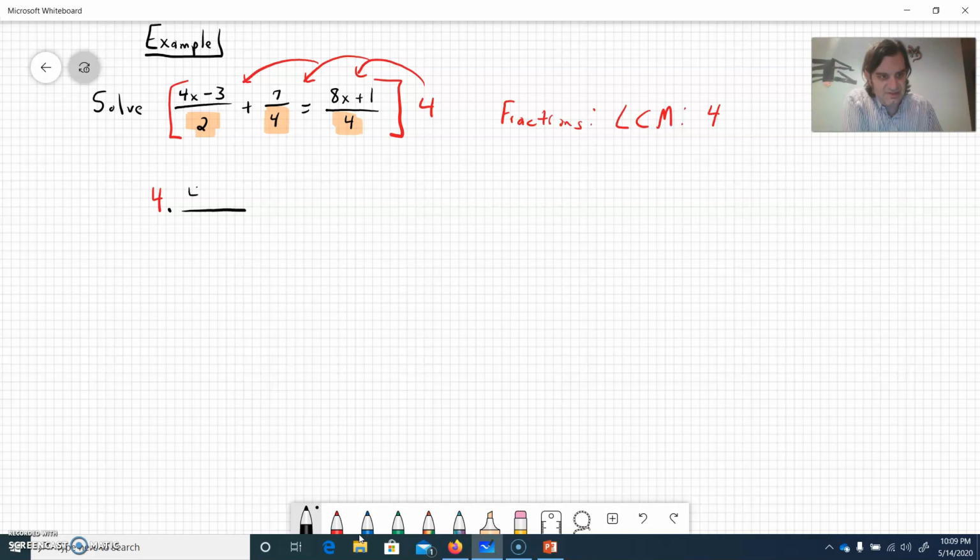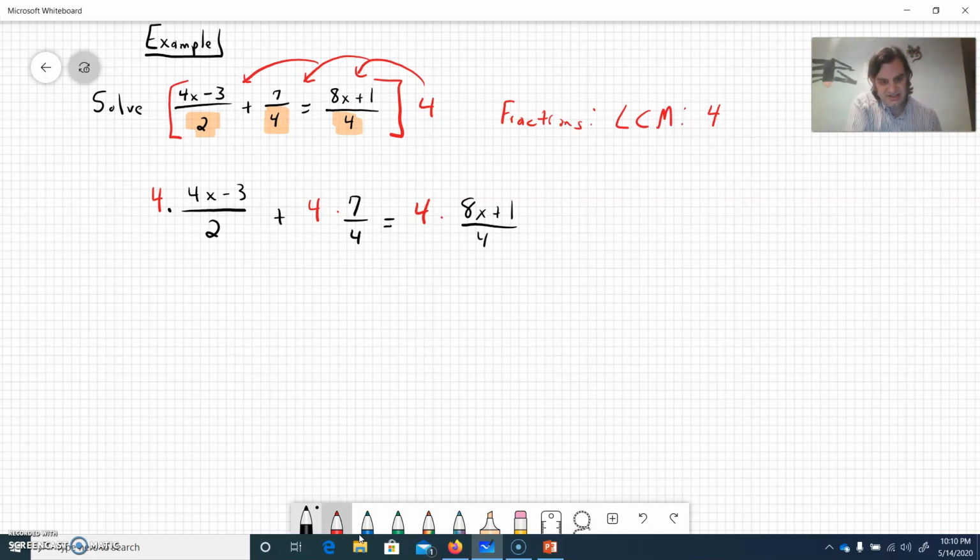So 4 times the fraction of 4x minus 3 over 2, then plus 4 times the fraction 7/4, equals 4 times the fraction 8x plus 1 over 4.